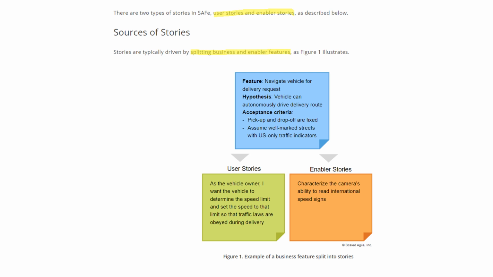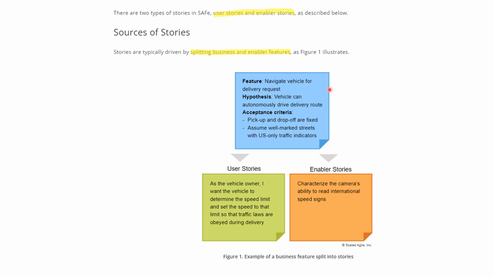Stories are typically driven by splitting a business feature into business stories and enabler stories, right? If you see the picture here, this is an example of a business feature split into stories, right? Let's take a business feature. The feature says navigate vehicle for a delivery request.